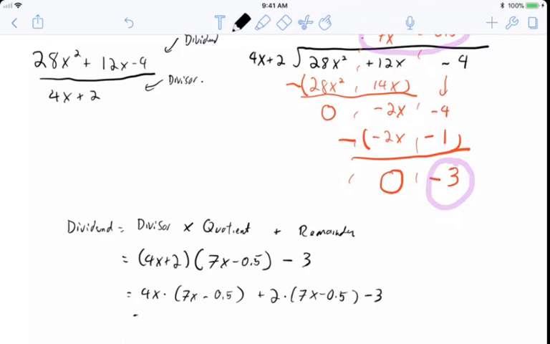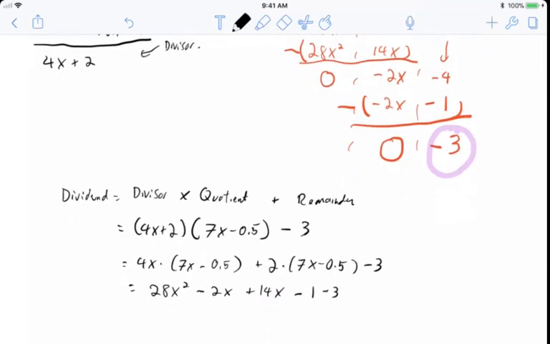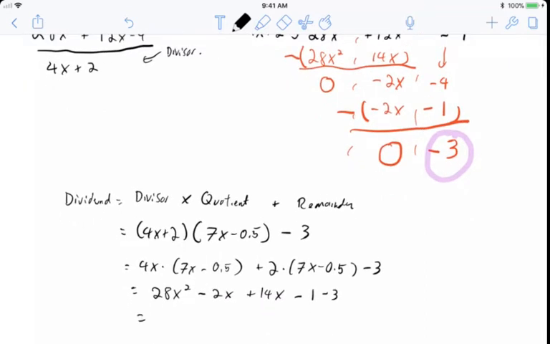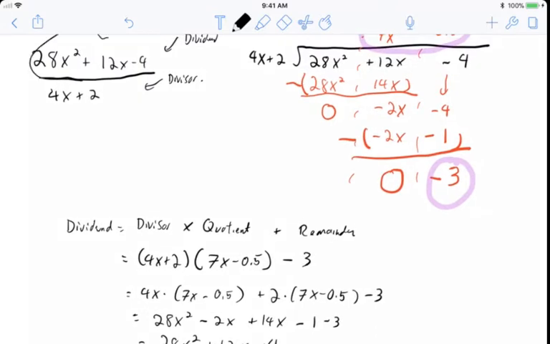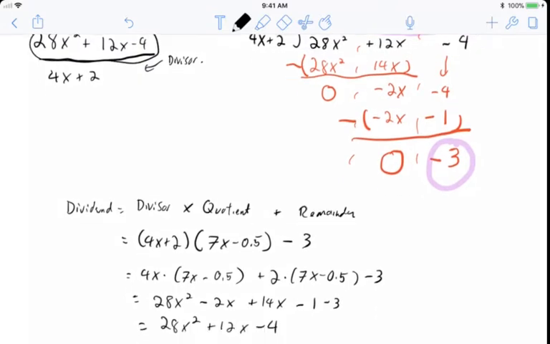So that's 28x squared minus 2x plus 14x minus 1 minus 3, which is equal to 28x squared plus 12x minus 4. It's the same thing. They are the same.